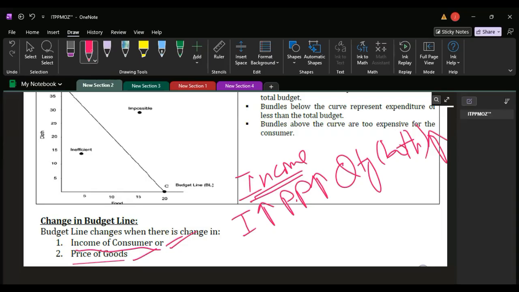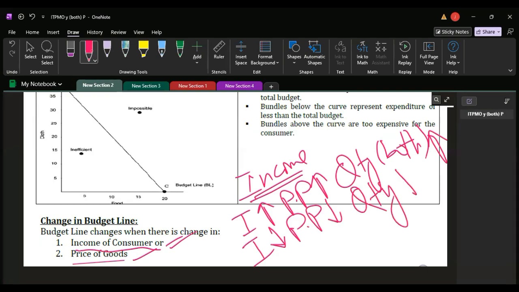Similarly, the same applies in the case of a decrease in income: the purchasing power of the consumer decreases and he will purchase lesser quantity of both products.